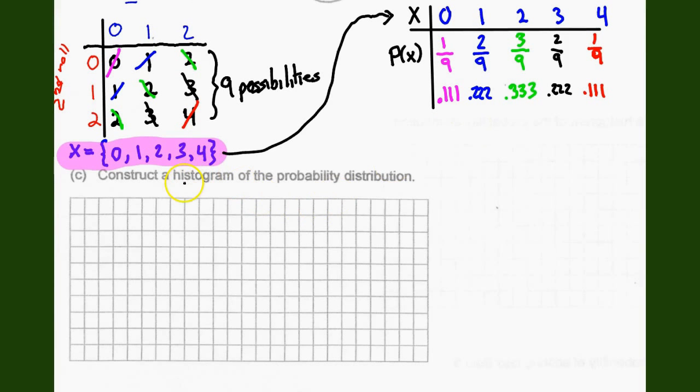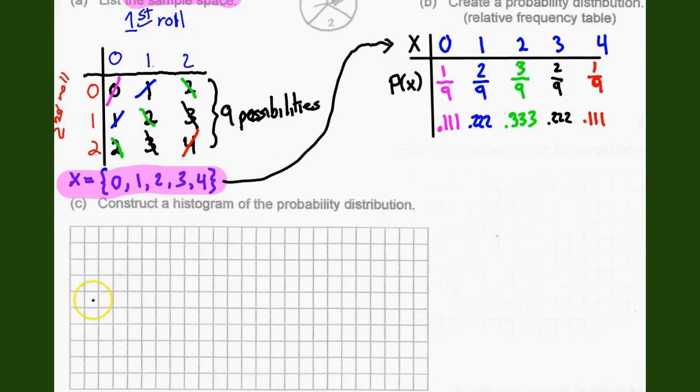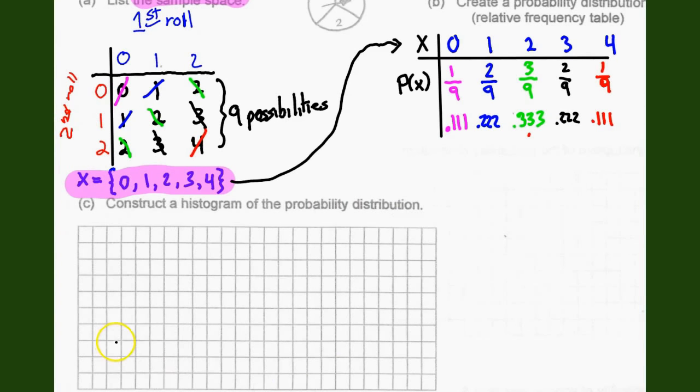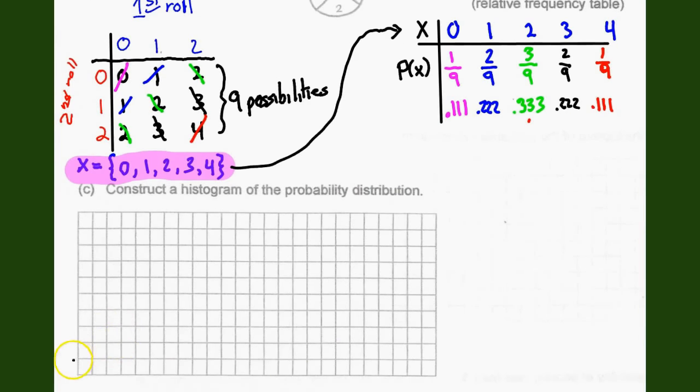C is a histogram, like a bar graph, right? With the y-axis here being these decimals, this probability here. So you can see the highest that we need to graph to is 0.333. So I'm going to look at my axes and figure out, should I do 0.1, 0.2, 0.3? Probably not, because I have a lot of space here.